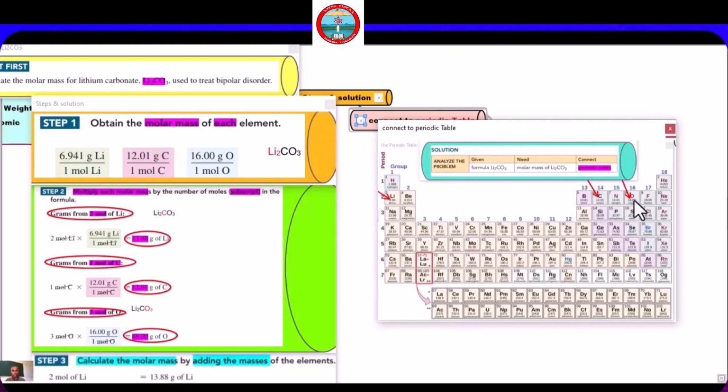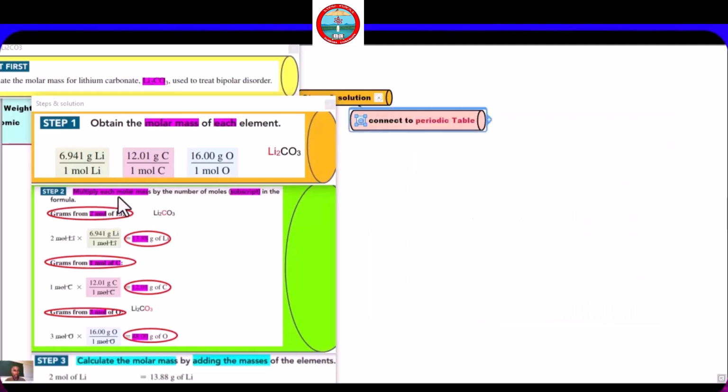Step 2 is to multiply each molar mass by the number of atoms, or subscript. Here we have 2 for lithium, 1 for carbon, and 3 for oxygen. Multiply the molar mass of lithium by its subscript, that is 2. Multiply the molar mass of carbon by its subscript, that is 1.